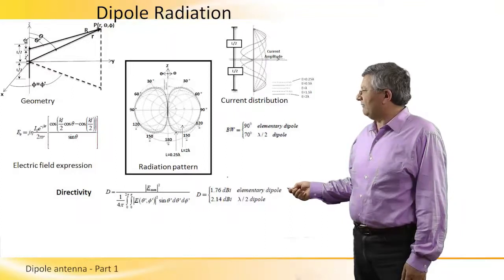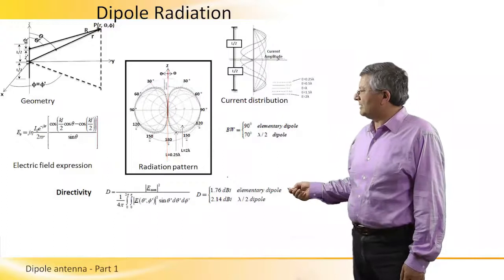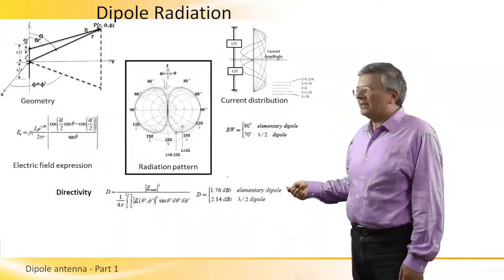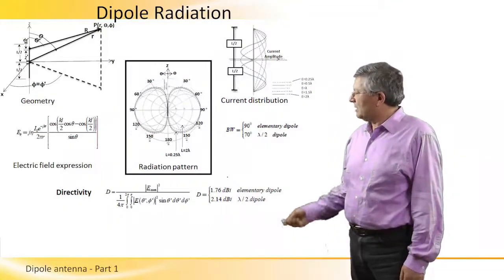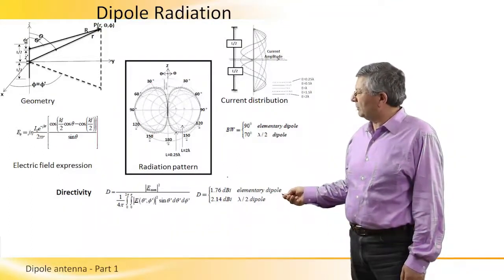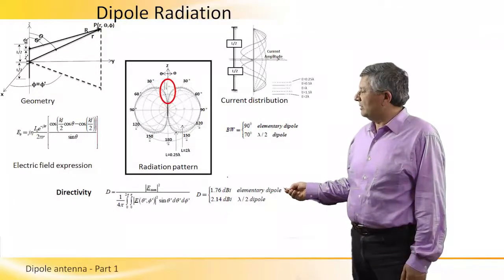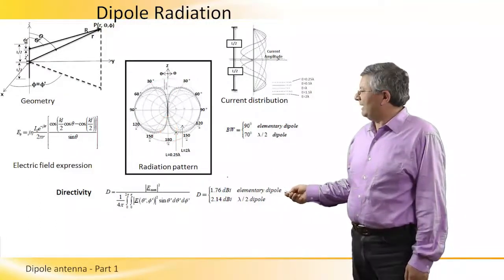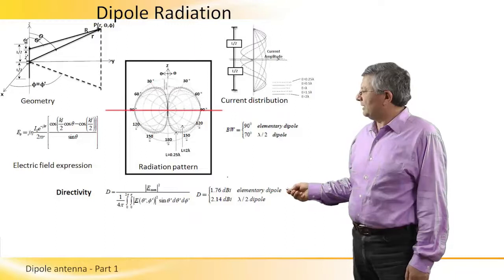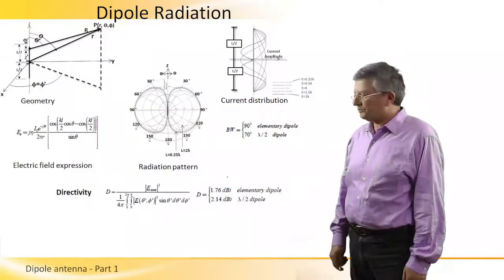We note here, if for instance this is the z-axis and this is the y-axis, the radial extent is proportional to the amplitude of the field. It's interesting to note, first of all, that at the zenith, theta equal to 0, and the south pole, theta equal to pi, we get 0 field, and the maximum is obtained for theta equal to pi over 2, as we can note here.